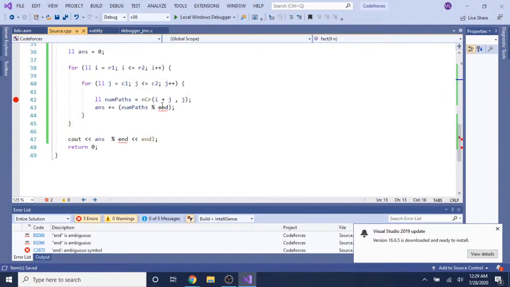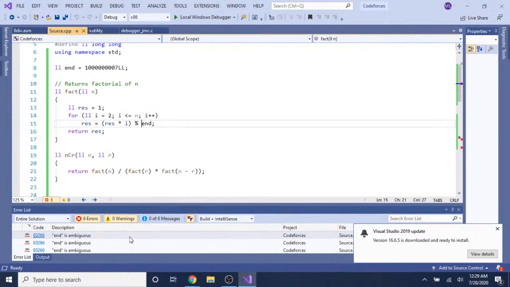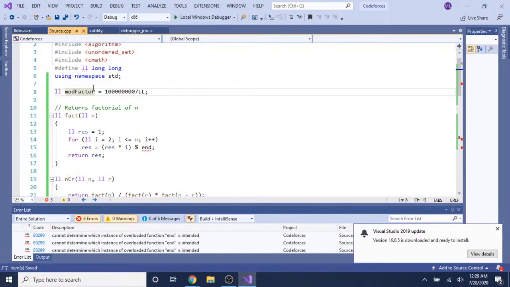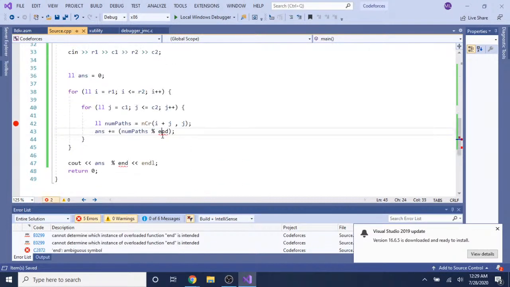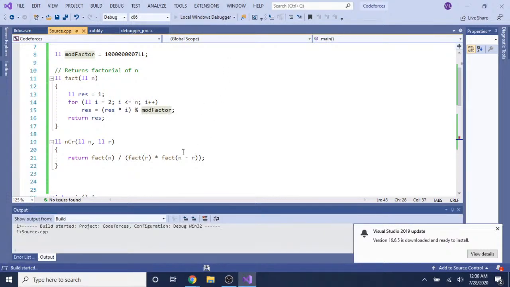Is something wrong? Why can't I do this? Something's definitely wrong with my compiler.